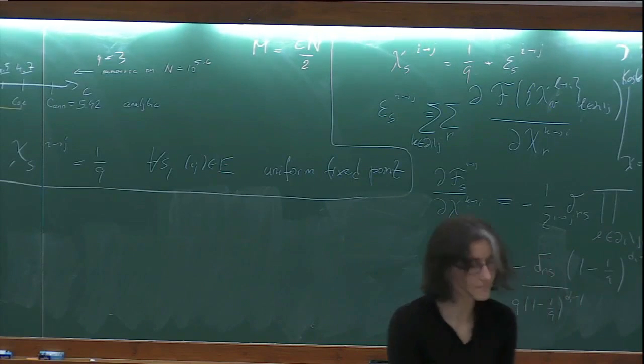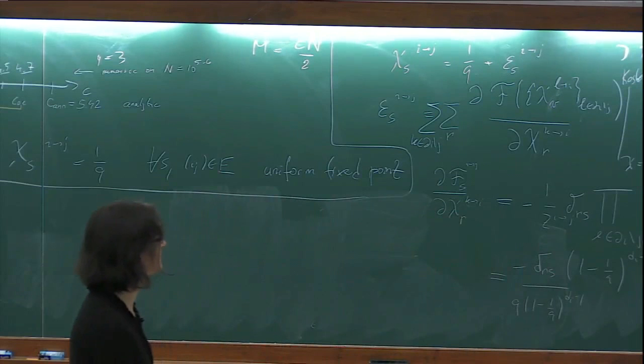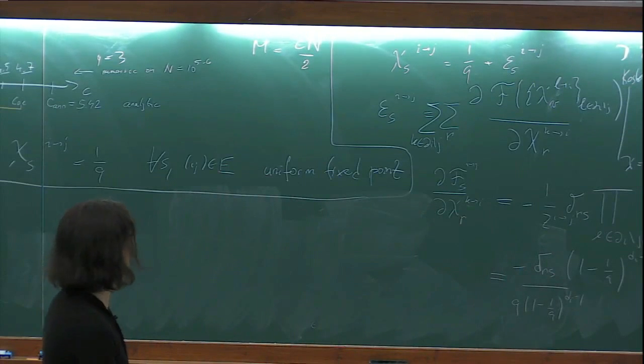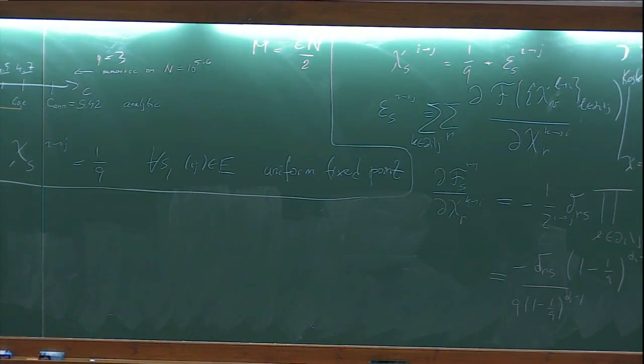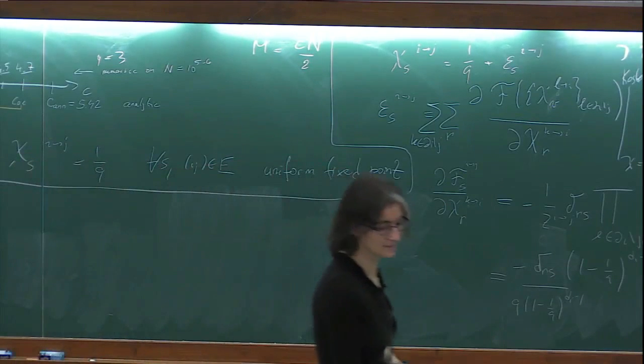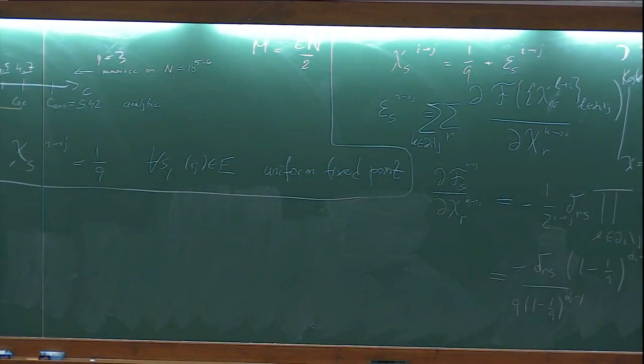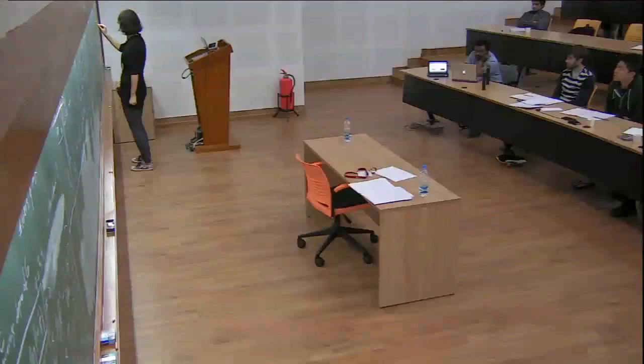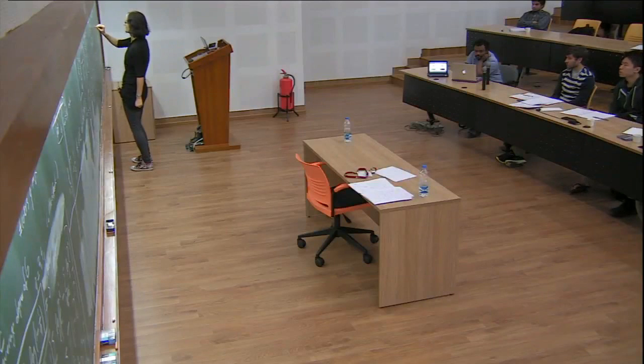So let's think about what we would need for this tree-like calculation to be reasonable. Let me draw some kind of a tree here. So let's see, 1, 2, 3, and 1, 2, 3.